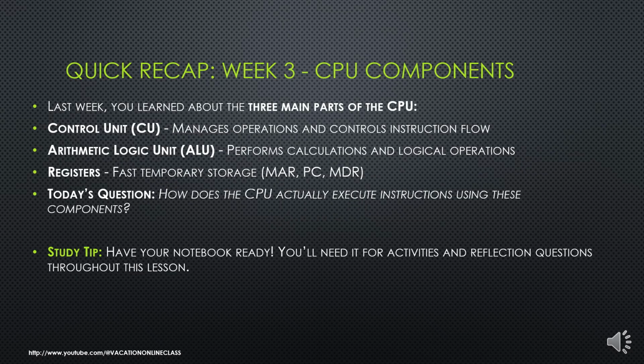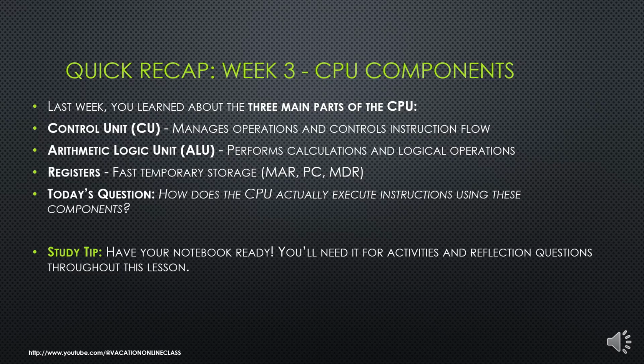Last time, we explored the big 3 components of the central processing unit. First, we have the control unit, CU, which acts as the brain's manager, directing the flow of instructions.